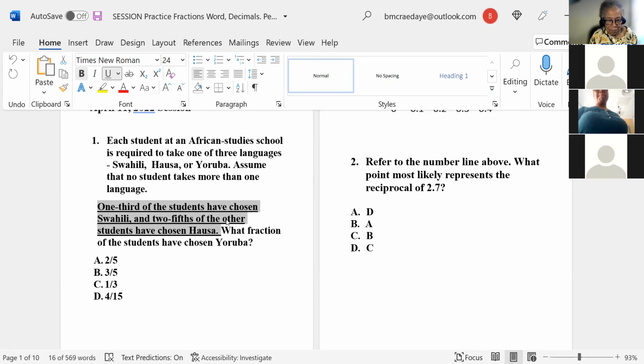So you know what you have to do here. They have different denominators, right? You're working with the fractions. The 1/3 Swahili, the 2/5 Hausa. The remainder from the whole is Yoruba.